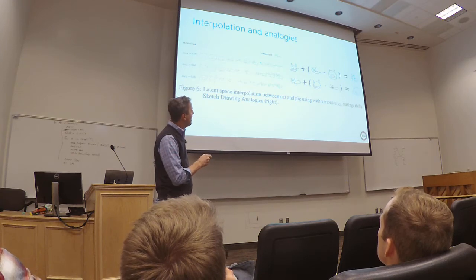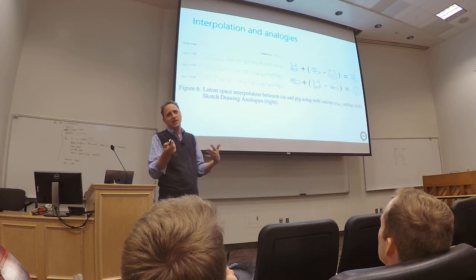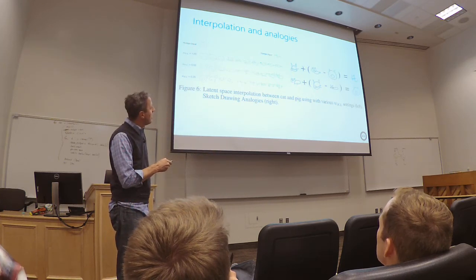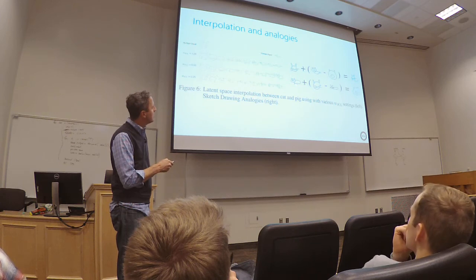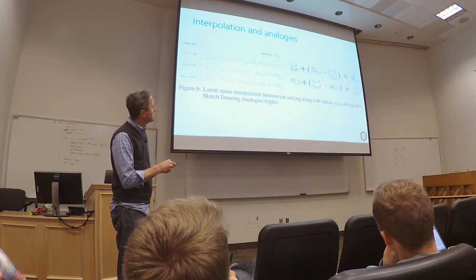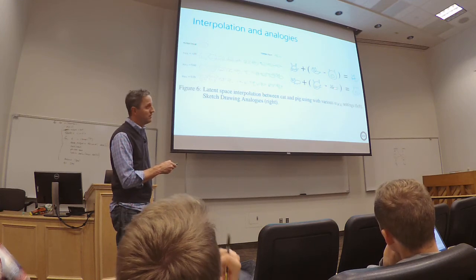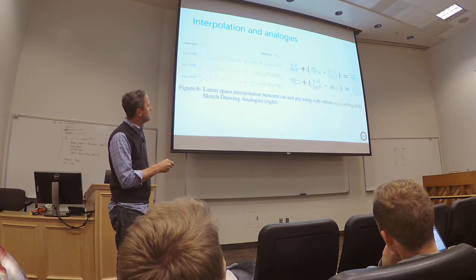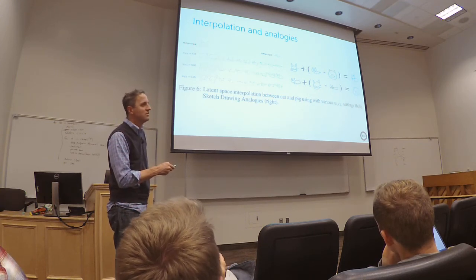So you're taking a cat head, adding a pig body, and you get cat head, pig body. It looks like a regular thing. Or similarly, take a pig, the head and body. Here we have head minus head and body, so that gives us negative body. So head plus body minus body gives us just head.